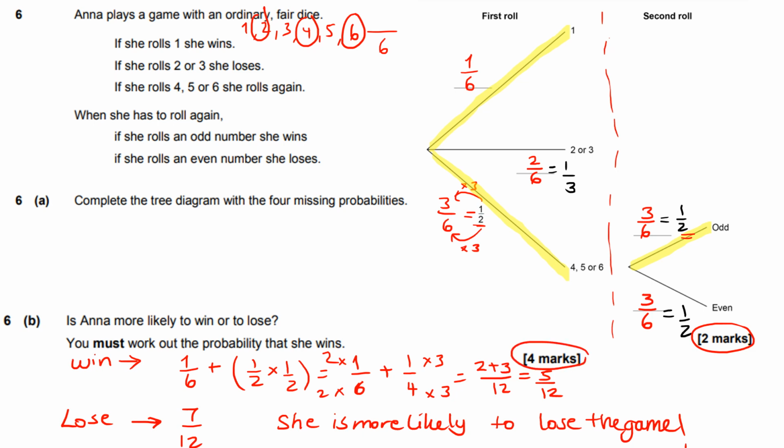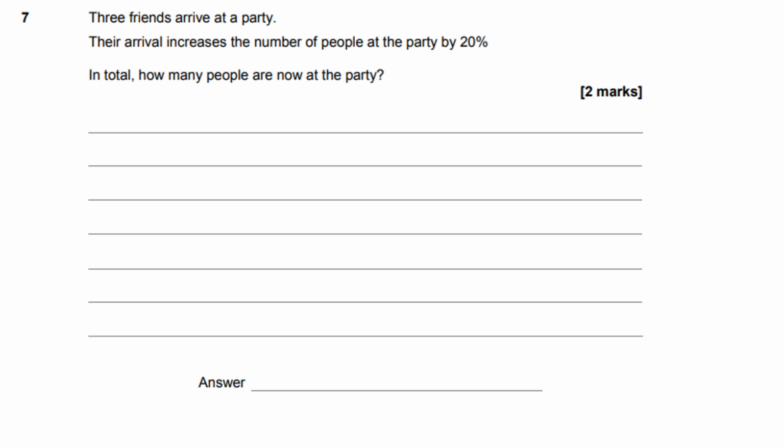Right, question number 7. 3 friends arrive at a party. Their arrival increases the number of people at the party by 20%. In total, how many people are now at the party? Right, so this means that I'm just going to do a little diagram here, guys. So there was 100%.